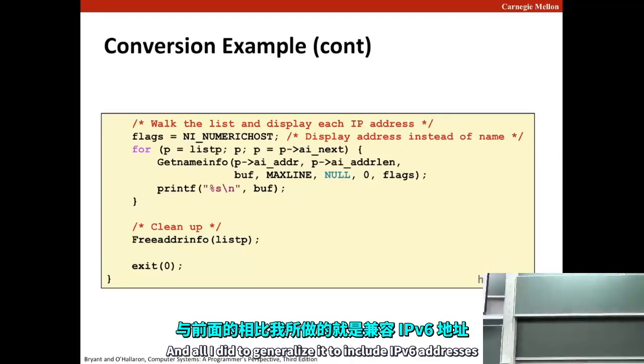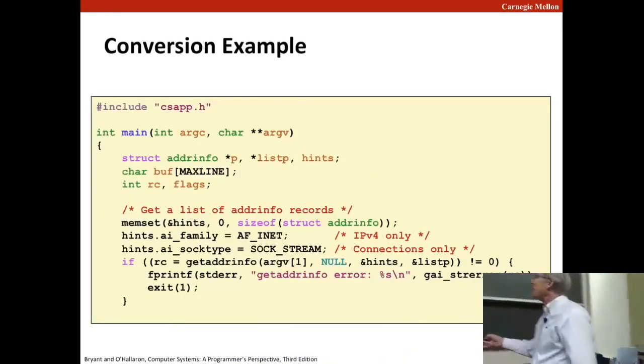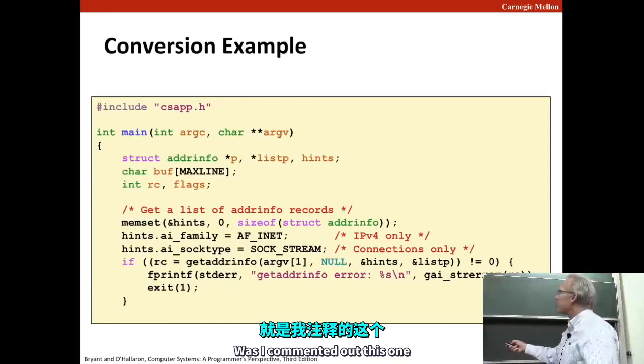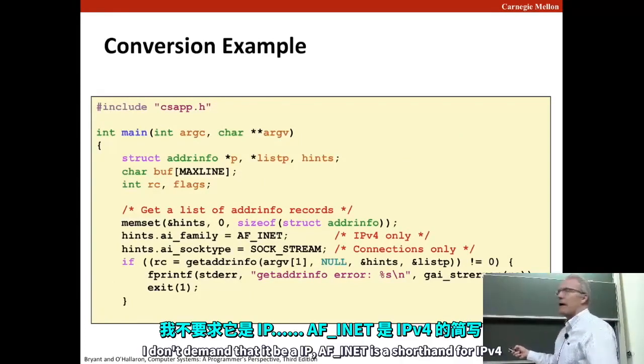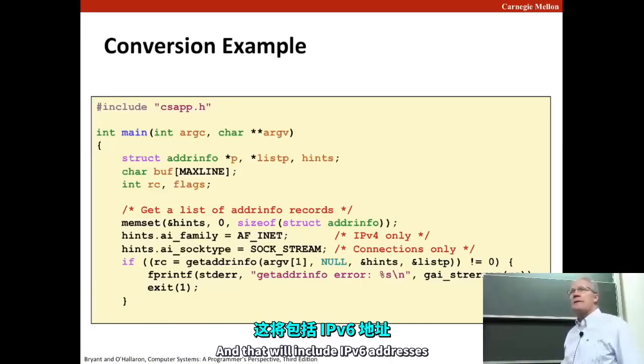And all I did to generalize it to include IPv6 addresses was I commented out this line. I don't demand that it be AF_INET, which is shorthand for IPv4. So by commenting that out, it said, okay, I'll get whatever TCP connections this domain will support, and that will include IPv6 addresses.